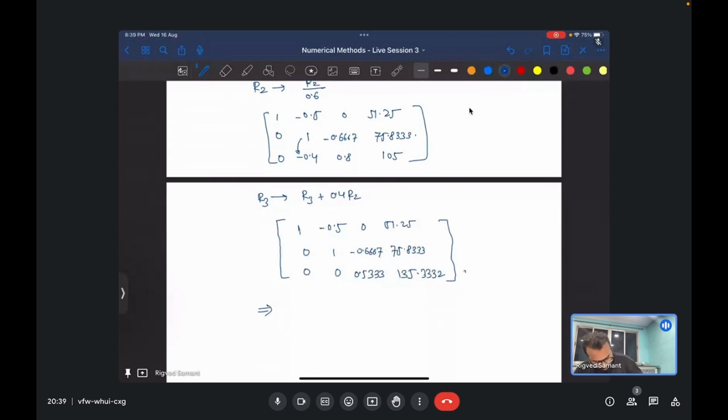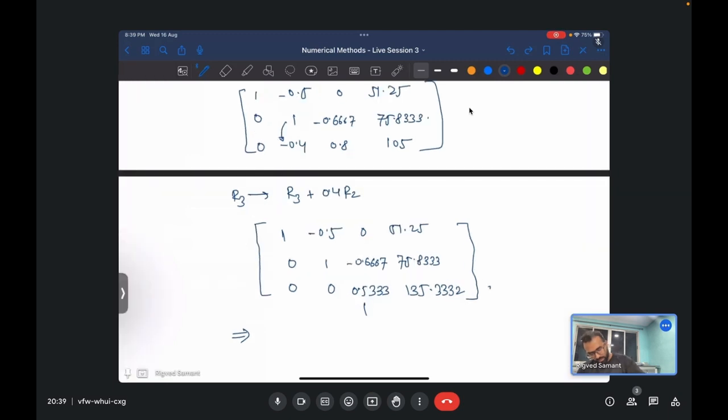Below this there is nothing, or you can do one step ahead if you want to. Then what we can do is R3 would be R3 divided by 0.5333.